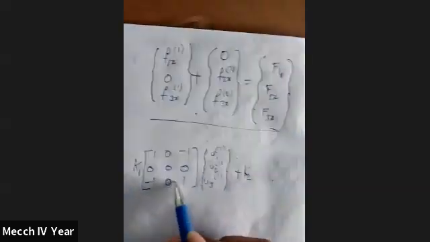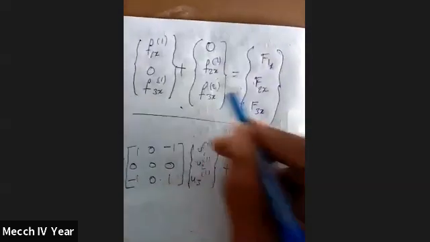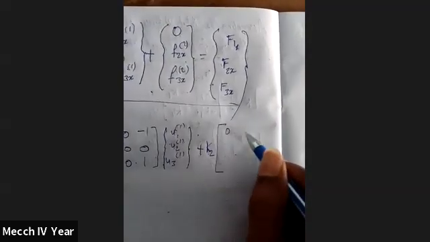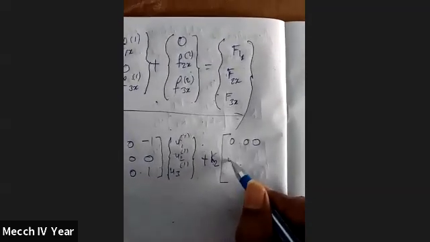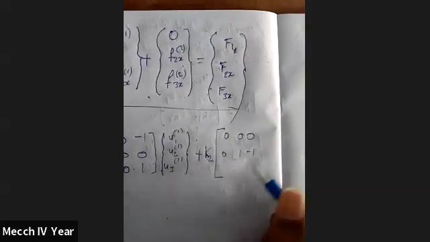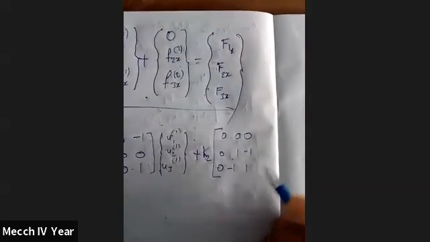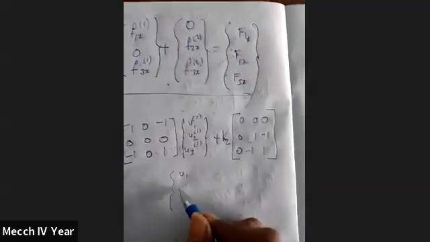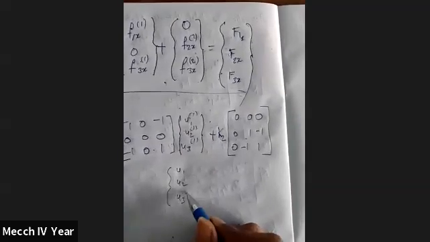You write this down like this, and now I am going to write 0 0 0, 0 1 minus 1, 0 minus 1 1, and u1 u2 u3, that is the second element.